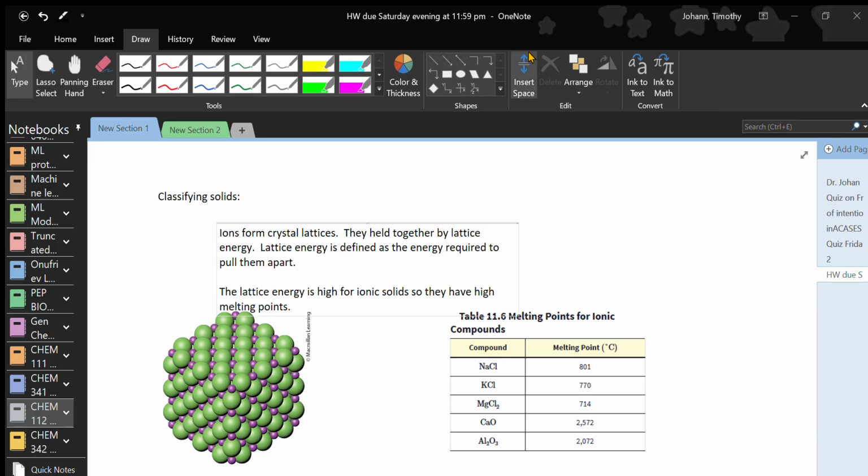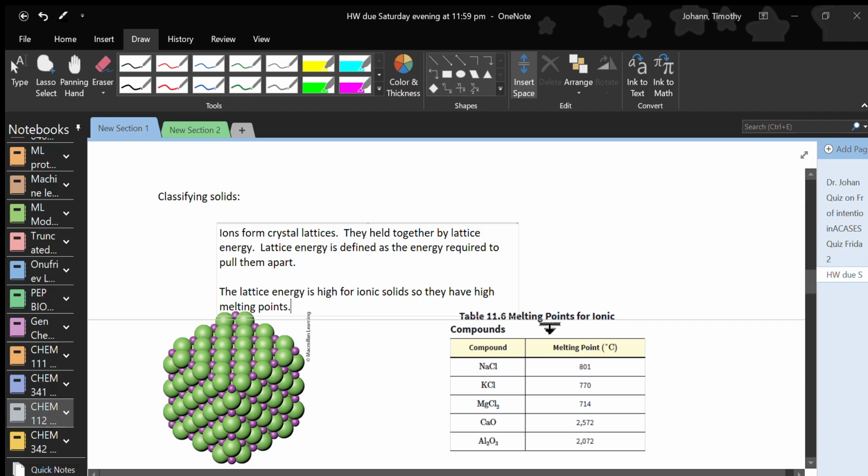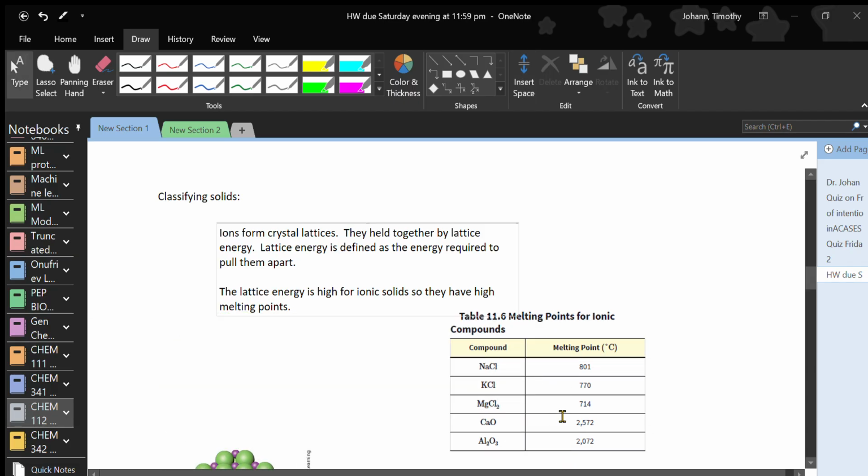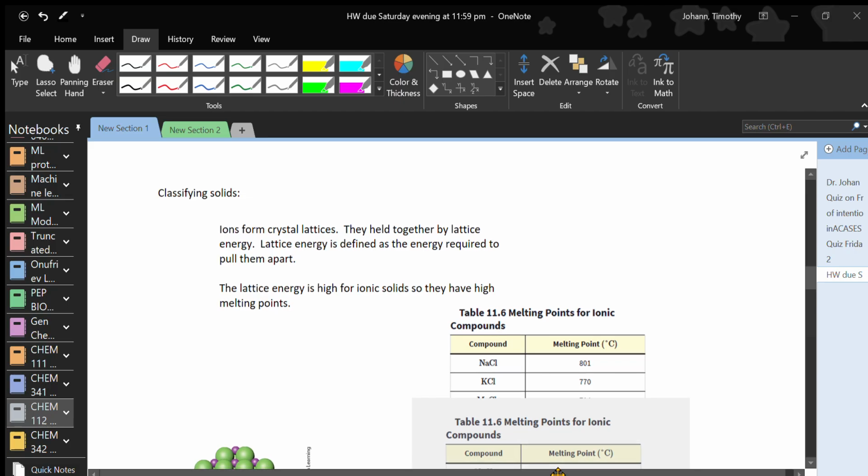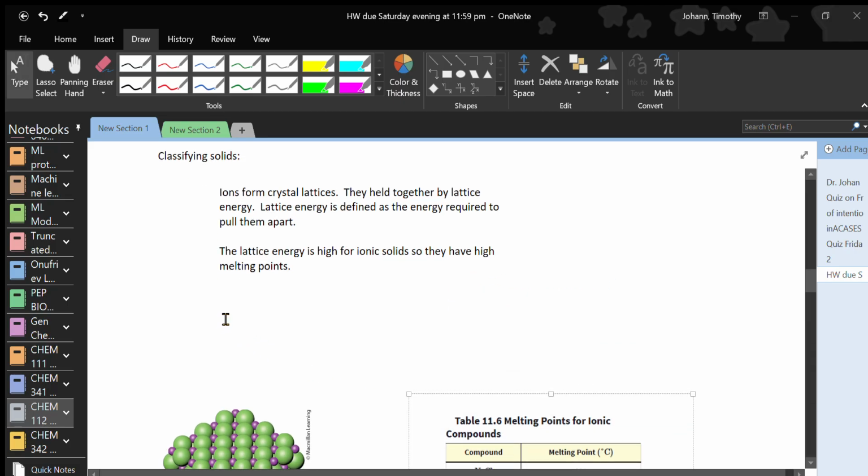How high these melting points are depends on two things.